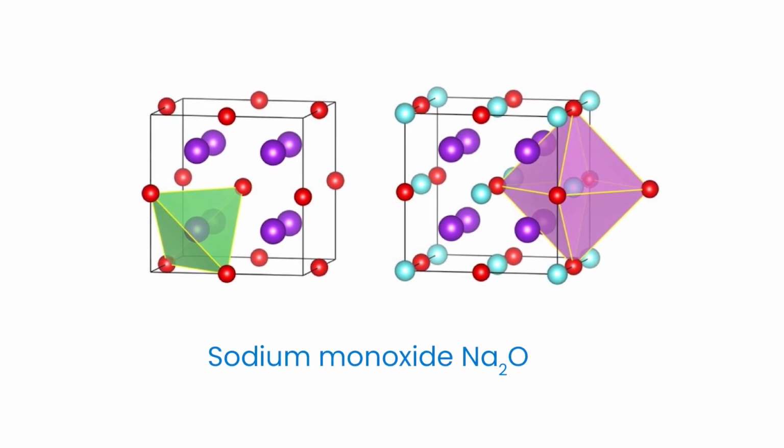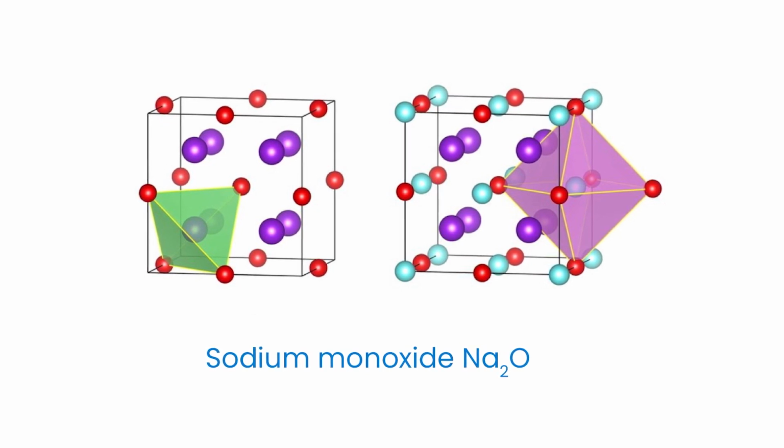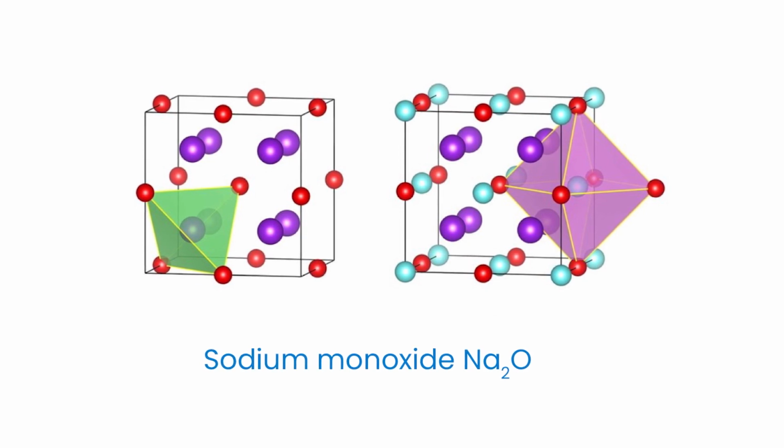Thus, in the resulting structure, each Na plus is surrounded by 4 O2 minus ions and each O2 minus ion is surrounded by 8 Na plus ions. Thus, the coordination number of Na plus and O2 minus ions are respectively 4 and 8. In this anti-fluoride structure, that is, the structure has 4:8 coordination.